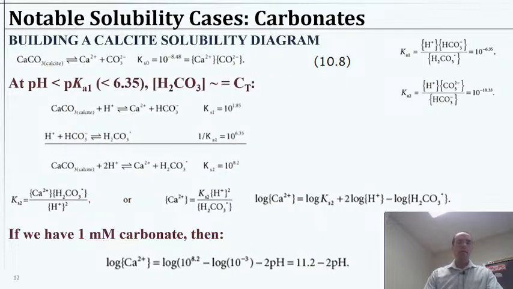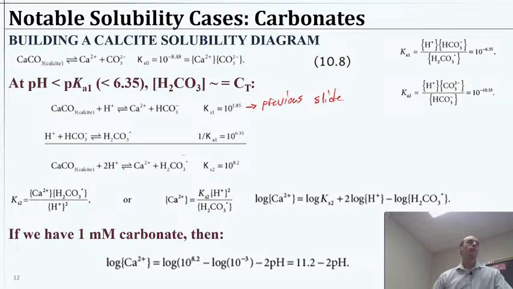Okay, last piece, we're going to do that same process. Now we're going to take the lower pHs, anything below pKa1. Same process, same type of stuff here. Here we have the same thing we derived a moment ago, this calcite in equilibrium with bicarbonate. So this was from the previous slide.